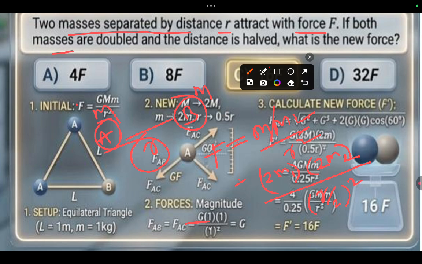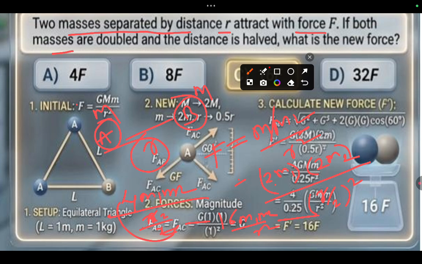Now upon simplification we get 2 times 2, that is 4, m1 m2 by (r by 2) square. Upon simplification, (1 by 2) square, that is 1 by 4. So 4 times 4, that is 16, m1 m2 by r square.